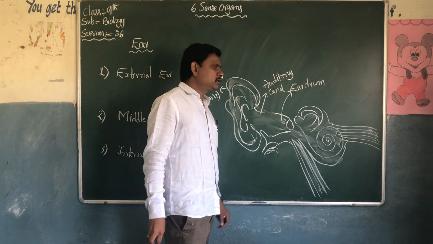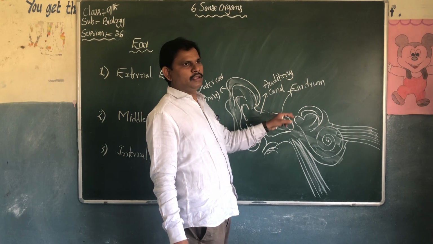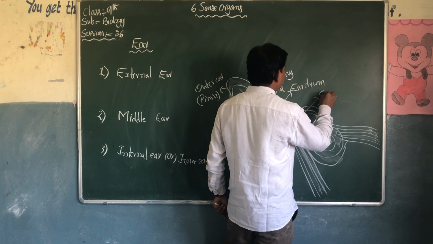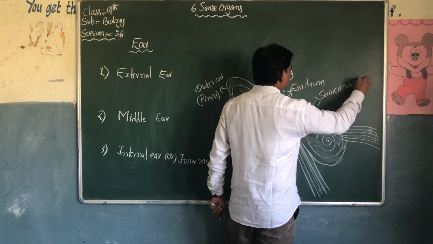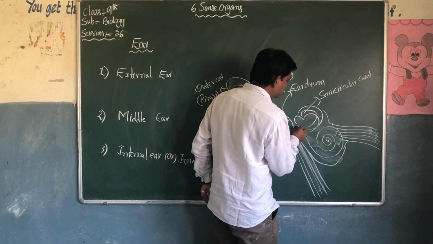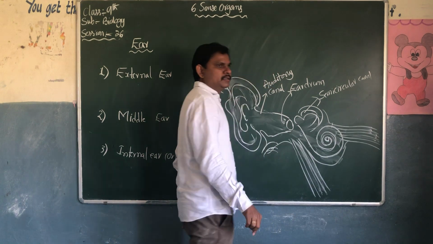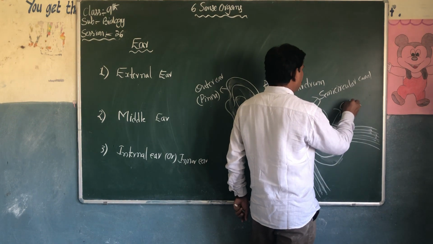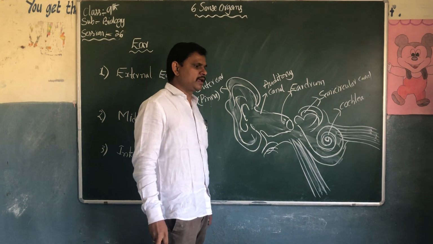And there are three semicircular canals. And this spiral-shaped structure is called the cochlea.